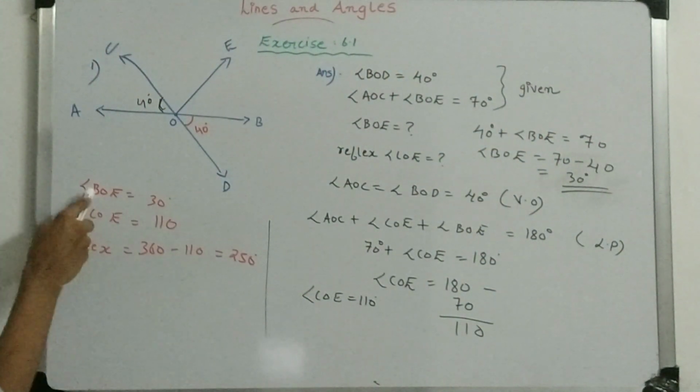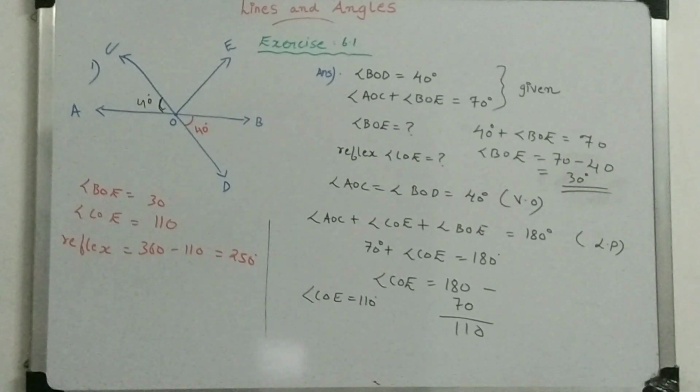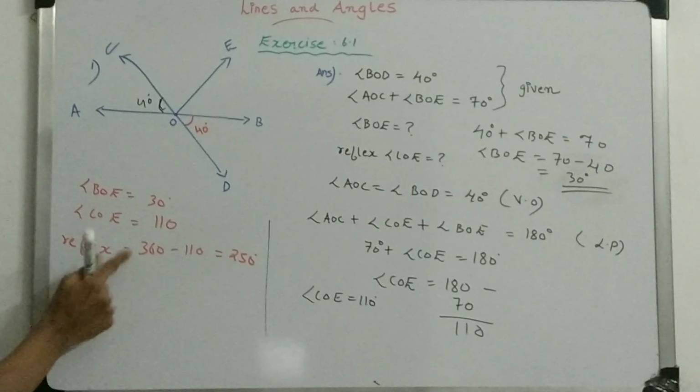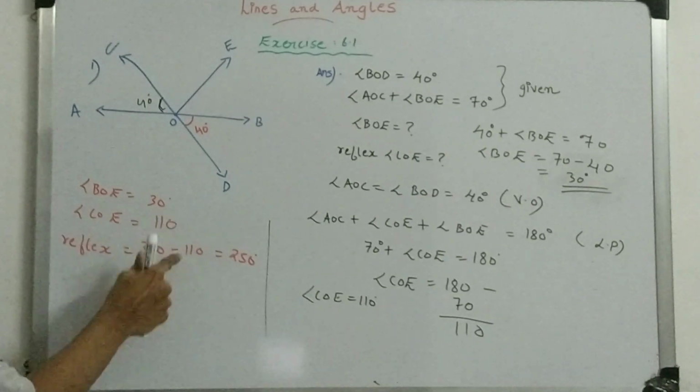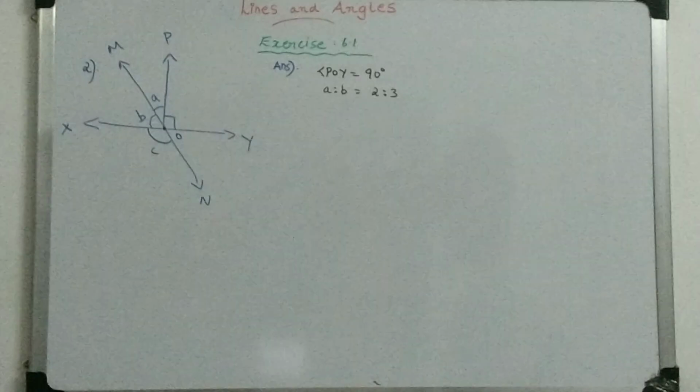So we got angle BOE equal to 30 degrees, angle COE equal to 110 degrees, and in order to find the reflex of angle COE, we have to subtract it from 360. So 360 minus 110 is equal to 250 degrees. I hope it is clear.